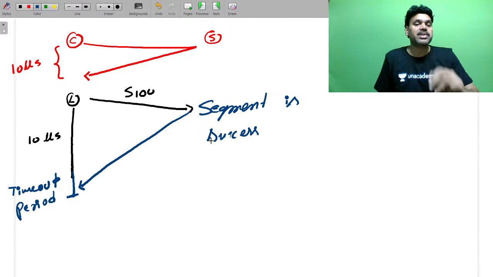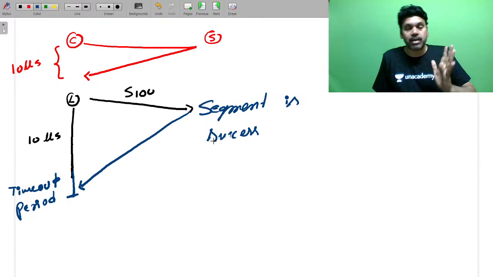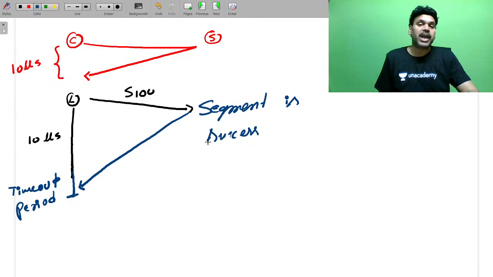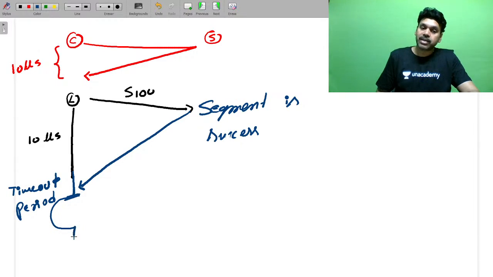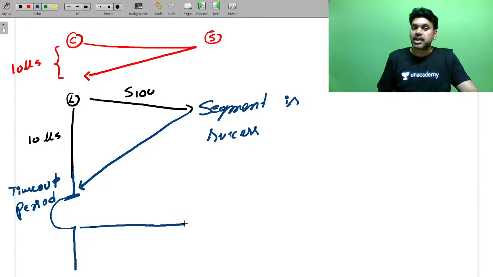These are the four cases we will see if there is an error in the transmission. Till this point we wait. After that, we restart the timer, and whatever segment was not acknowledged earlier, we push once again.